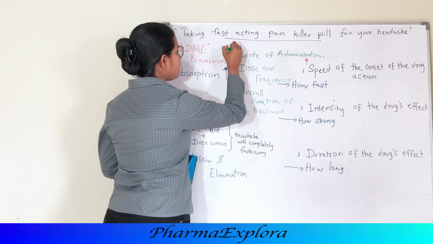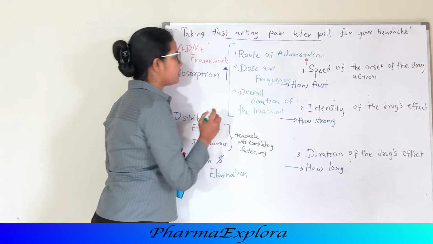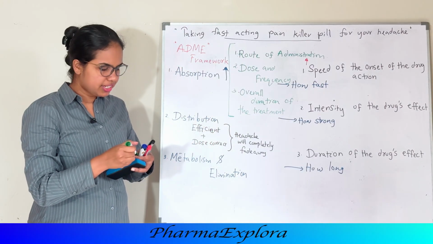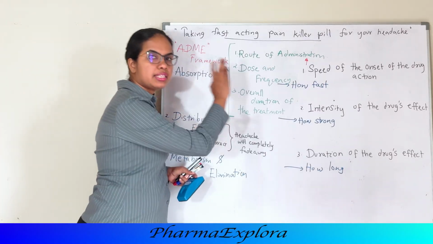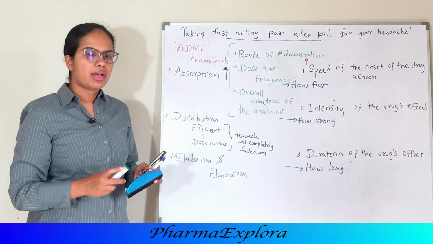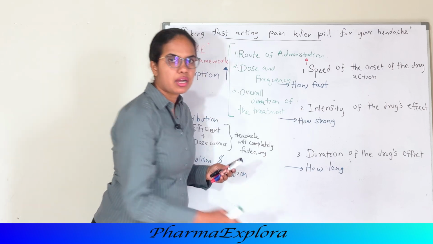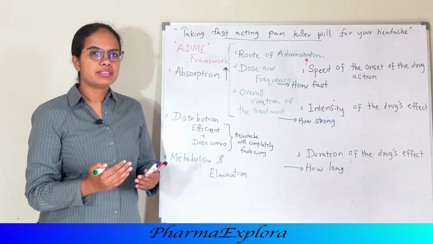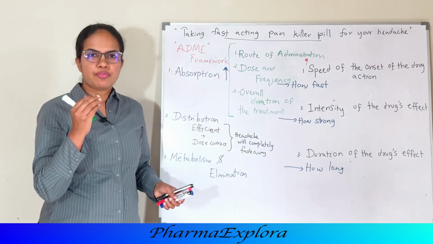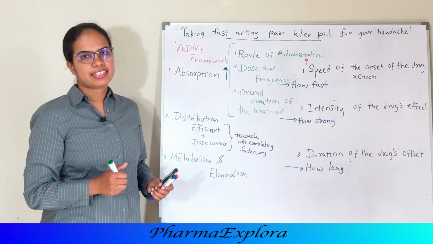So these three important decisions are taken by the clinician using this information. That is why knowing the pharmacokinetic information is very important in practical settings.